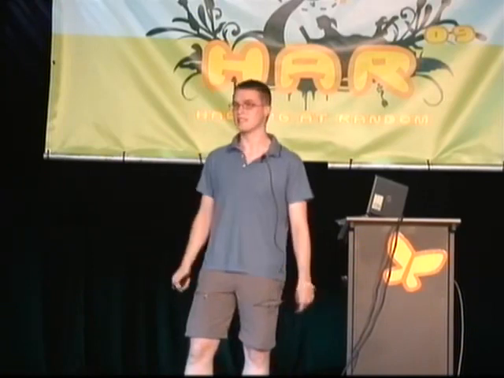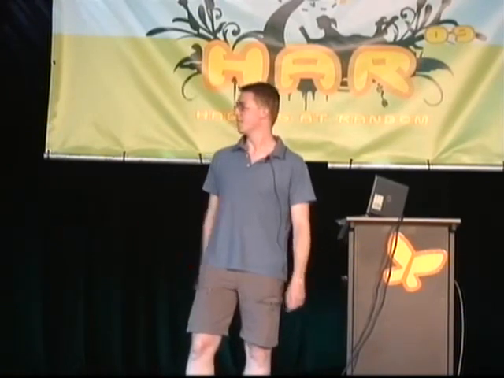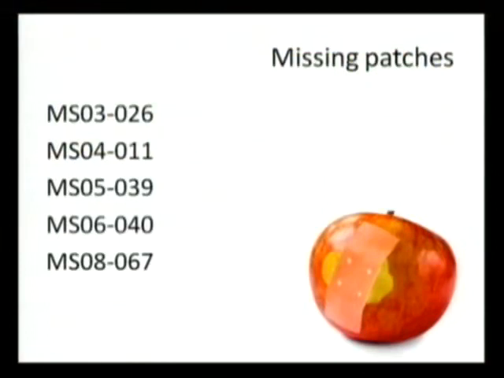Missing patches is quite an obvious one. We obviously still see those a lot. These are some of the usual suspects from Microsoft. And the latest one, MS08-067, is the last one in the line of remote code execution without authentication on SMB or RPC ports.